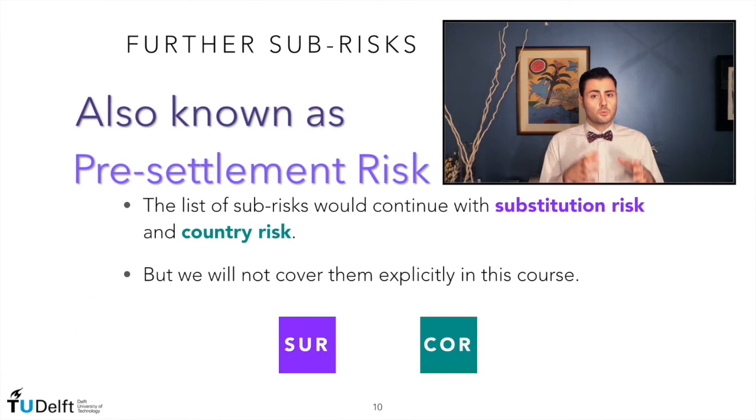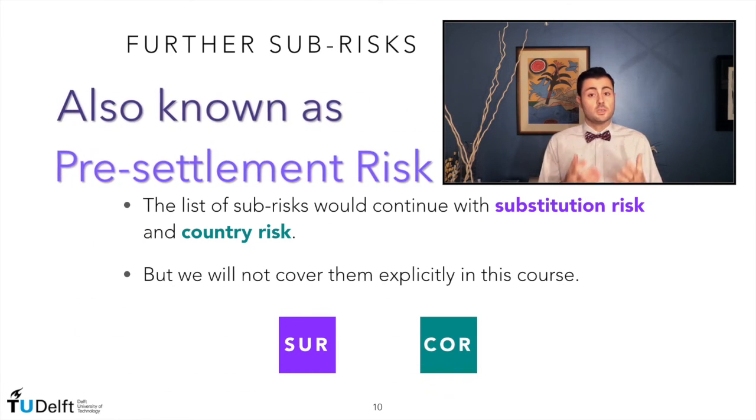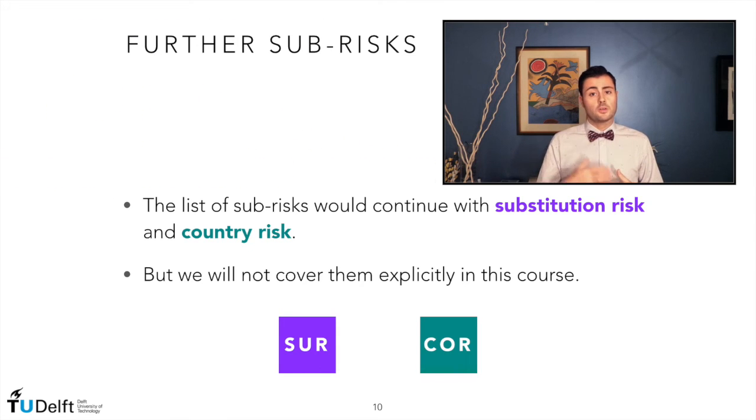Now, substitution risk is related to OTC derivatives when our counterparty becomes insolvent before the maturity of the contract, and this requires us to replace it on the market at new market conditions, potentially generating losses.